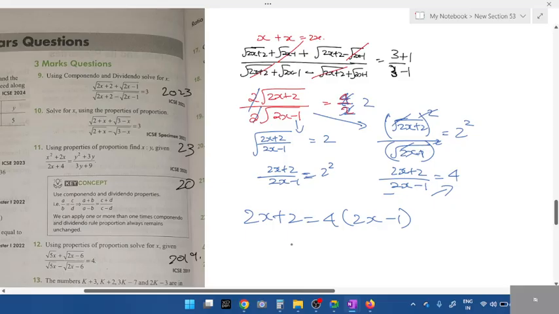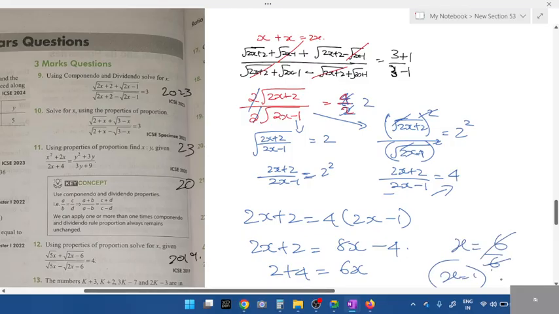Yes, Naomi, what's the answer? Joshita, Naomi, Ivania, after solving for x, x is equals to 1. Is it clear, students? All of you understood? Got 1? 1 as the answer.